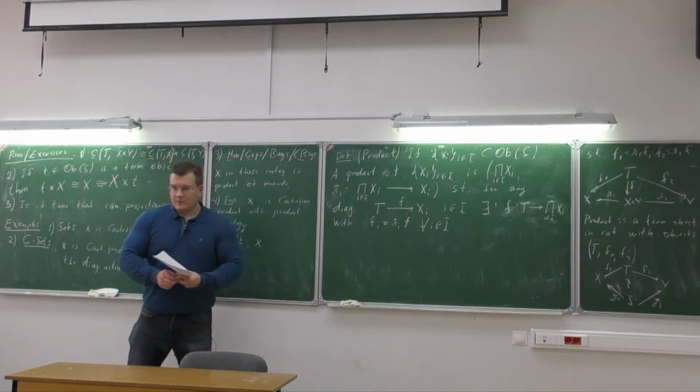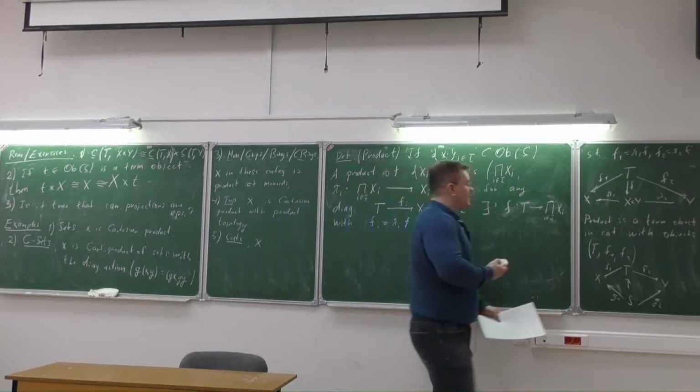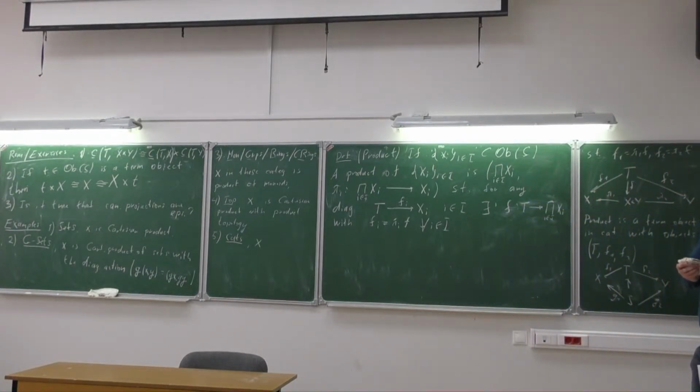And the standard question about categories you can ask is: do you have binary products, or do you have general products? Or can you give me an example of a category with binary products but without general products?